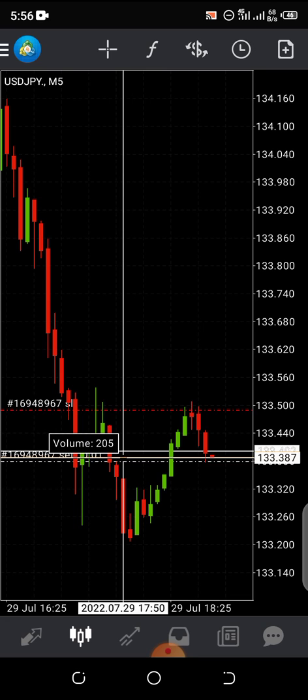15 times 0.01 will give us 0.15. Then we take 0.15 minus, because it's our TP that we want to put, and this is a sell position. So we'll now say minus 133.387, it is going to give us 133.237.